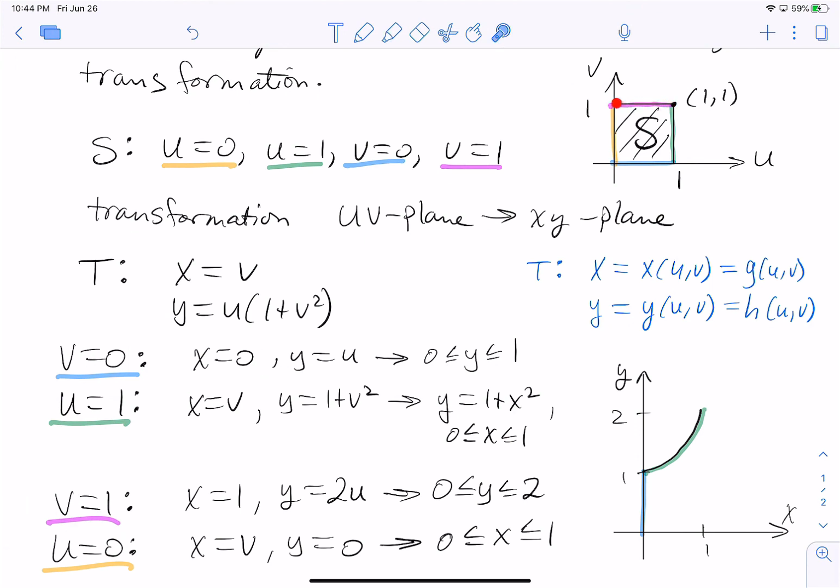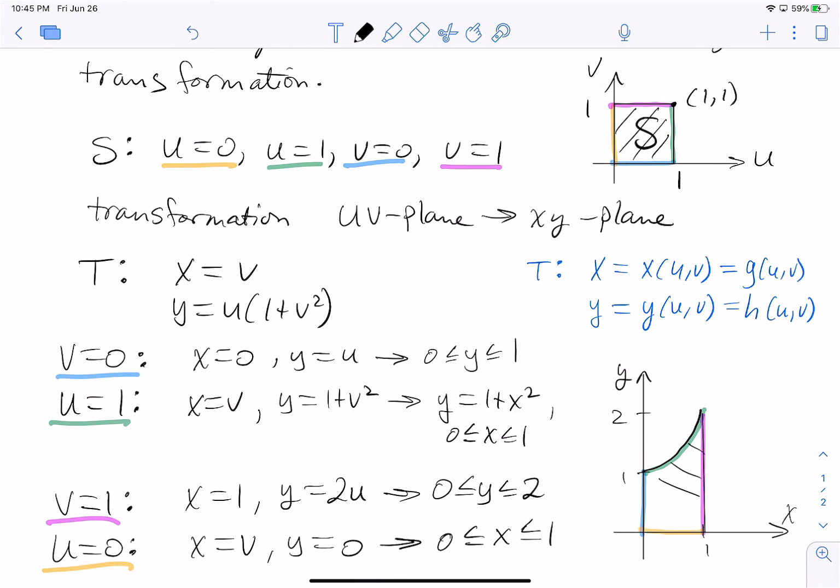This purple segment up here at v equals 1, excuse me, is going to map to a vertical segment where x equals 1 and y goes from 0 to 2. And then this orange segment along the v-axis where u equals 0 is going to map to y equals 0 and x goes from 0 to 1. And so it's this horizontal segment along the x-axis.